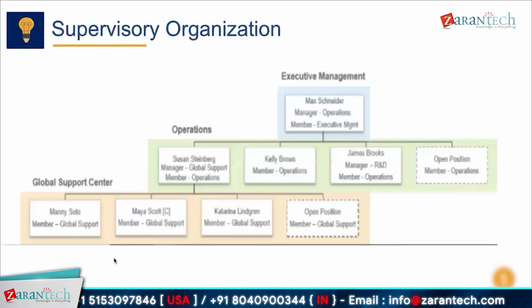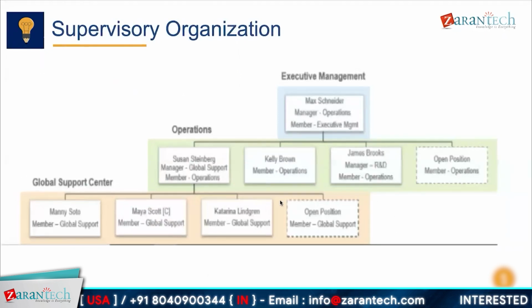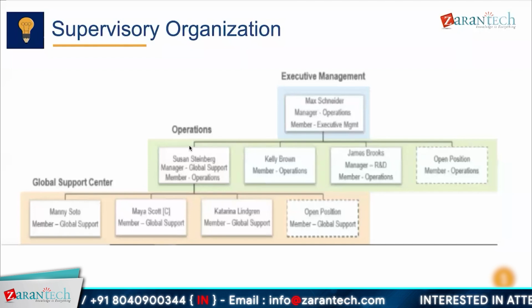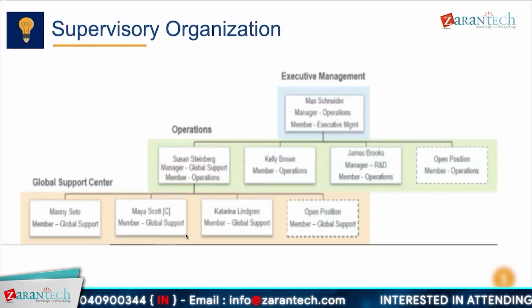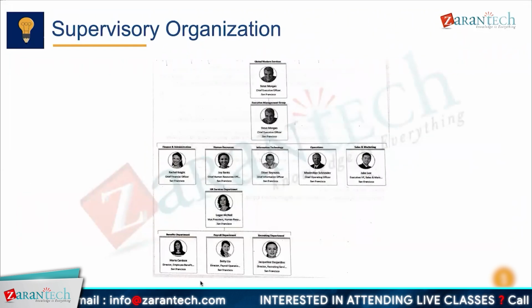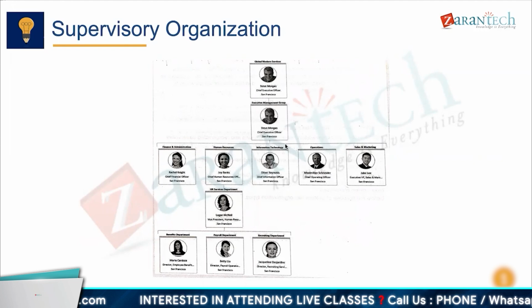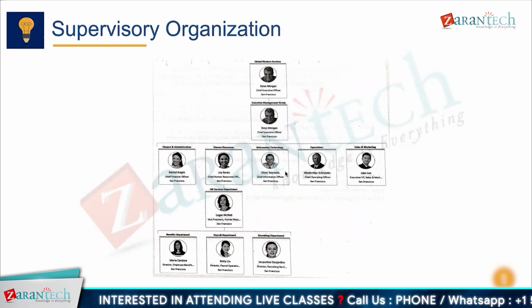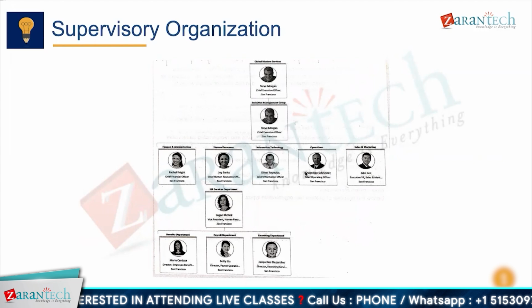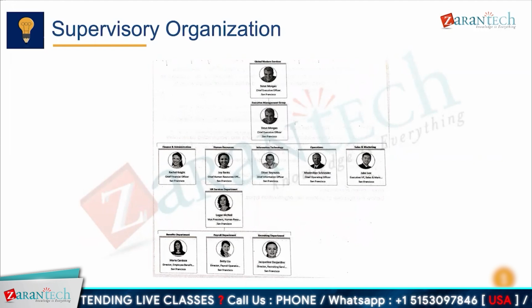So again, these are different kinds of supervisory organizations. Global Support Center is one example. Operation is another supervisory organization. Again, that's an org chart. So chief operating officer, then chief executive officer, then there are different C-level people here: CIO, CHRO, CFO.